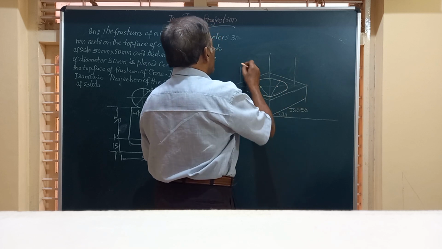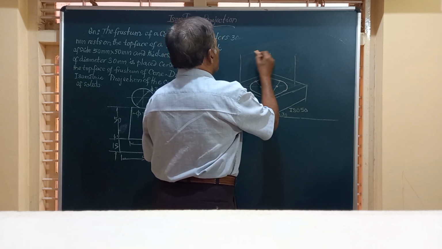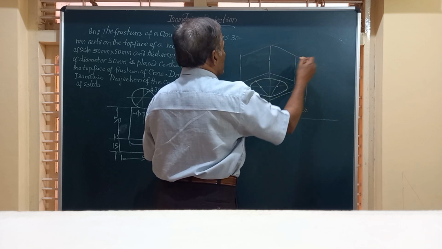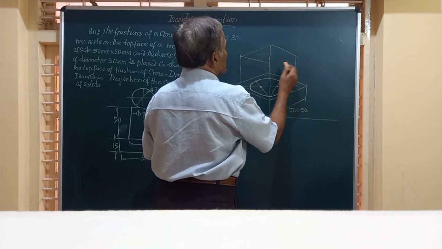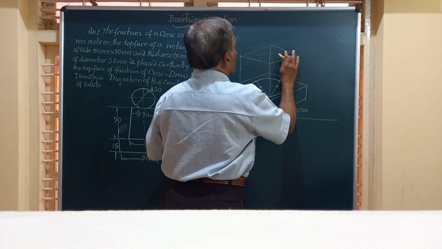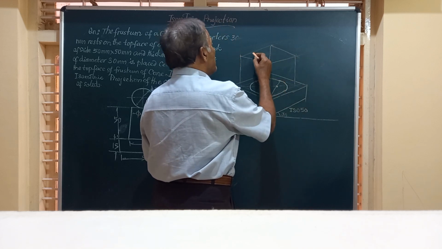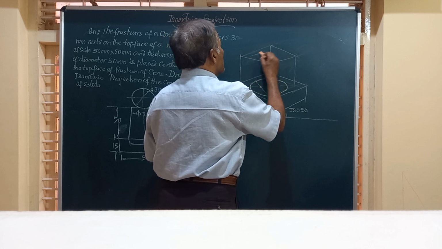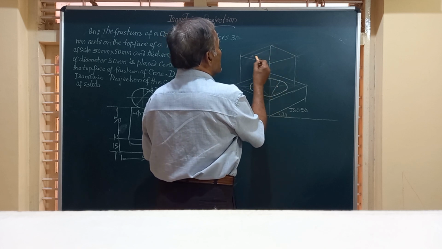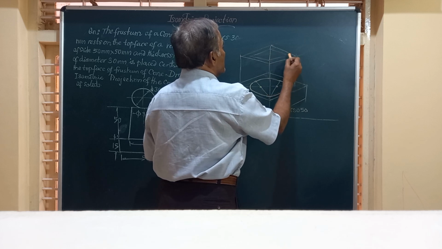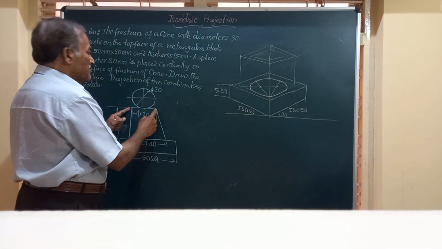So friends, what do we do here? This is a line here, line from this parallel to that, line parallel to this, and line parallel to that. This has got a dimension of, friends, 40 by 40, but we should have a smaller surface, that is an ellipse having 30 mm diameter.